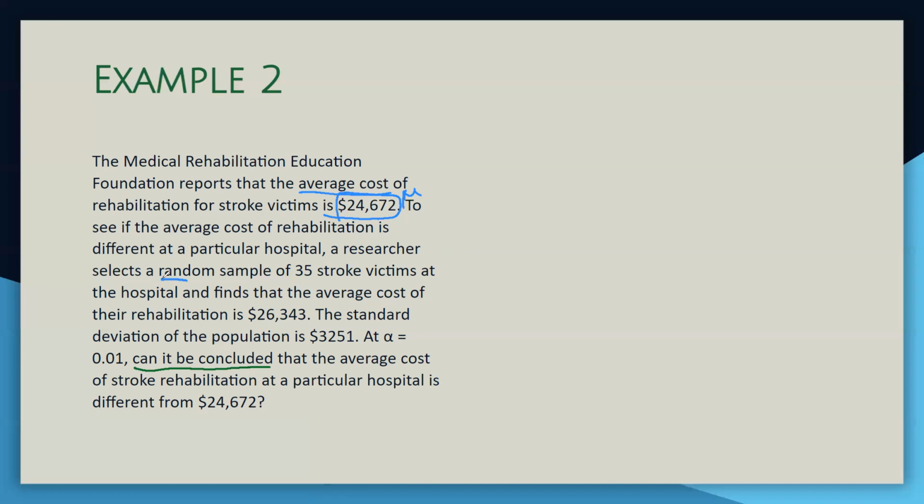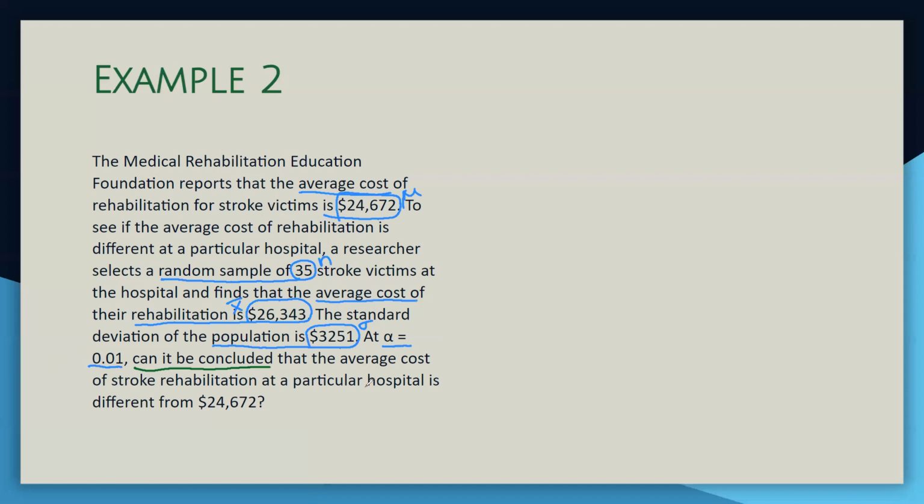So there is a random sample of 35 stroke victims. That's our sample size, and finds that the average cost of rehabilitation at that hospital is 26,343. That's our sample mean, x bar. And then it says the standard deviation for the population is 3251. That's sigma. And then they give us our alpha value.